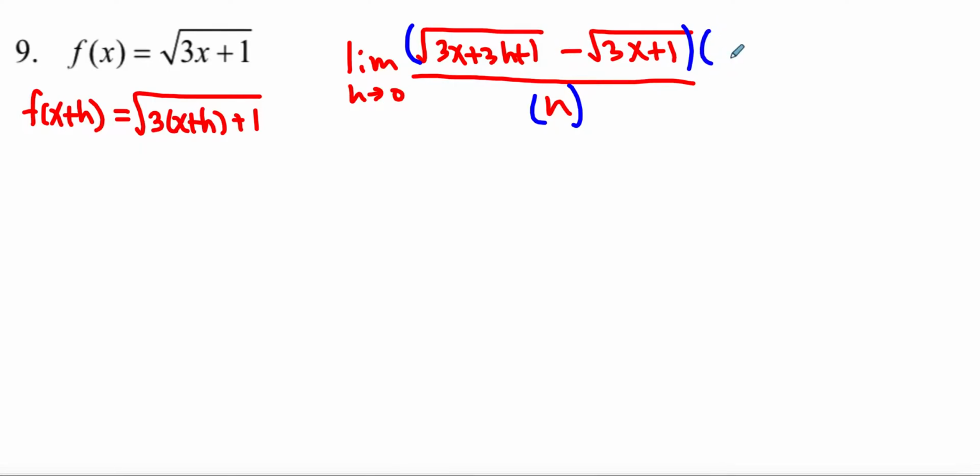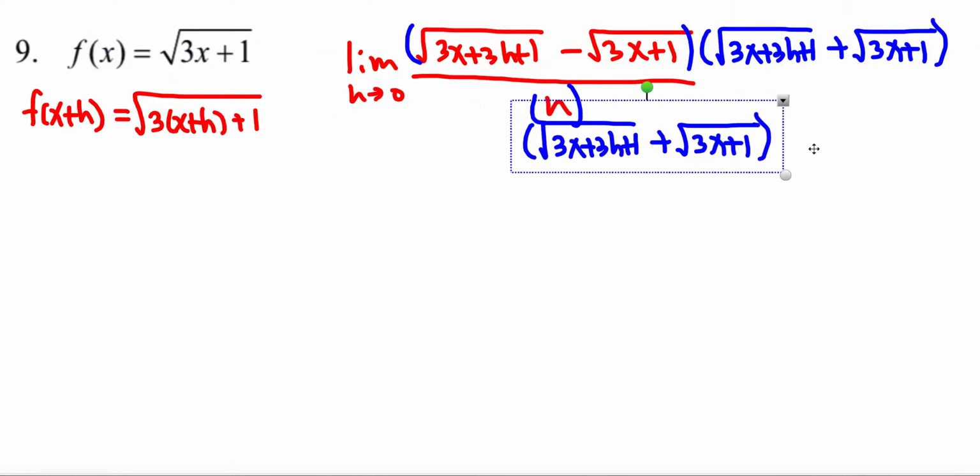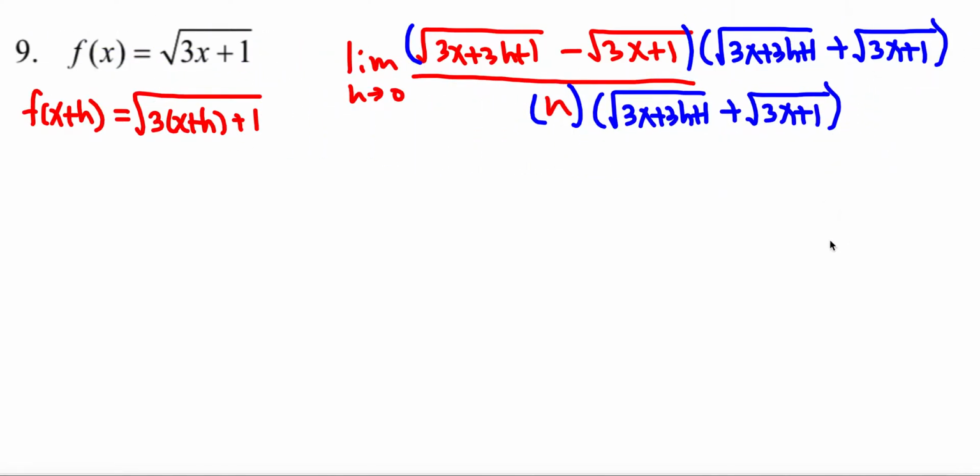So here we get square root of 3x plus 3h plus 1 plus square root of 3x plus 1. I have to multiply this one top and bottom right over here.